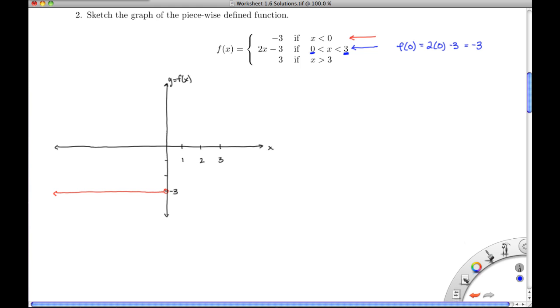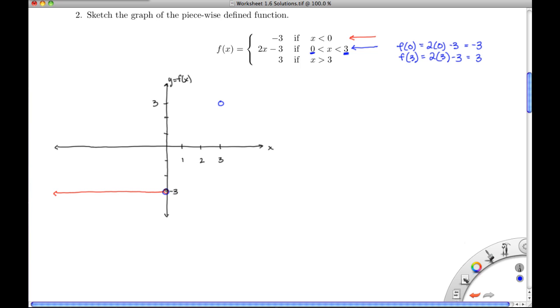So I know that down here, that's where the function is going to start, and then the other endpoint is going to occur at 3. So we'd have 2 times 3 minus 3, which would give us 6 minus 3, which would just give us +3. So I know that on this other side of my line, 1, 2, 3, up here, that's where the end of the line is going to occur, right there.